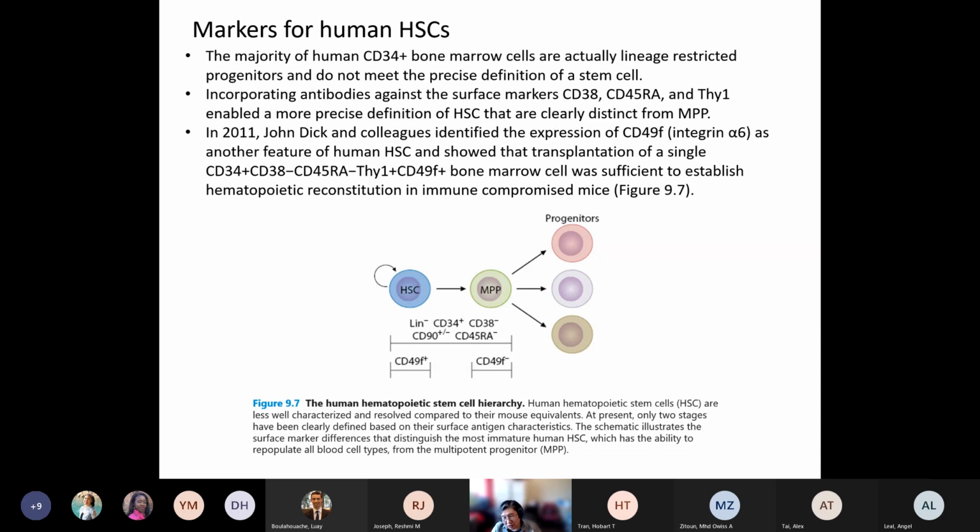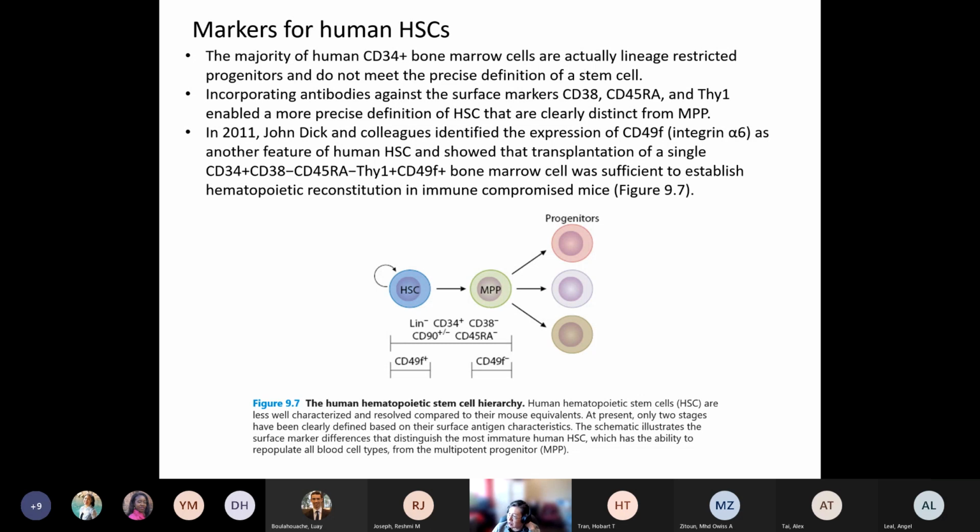But if you just do it once, they can generate those cells. So it's hard to distinguish the two populations, HSC and multipotent progenitor. But this group, John Dick and colleagues, describe that CD49F can be a marker for you to distinguish them.